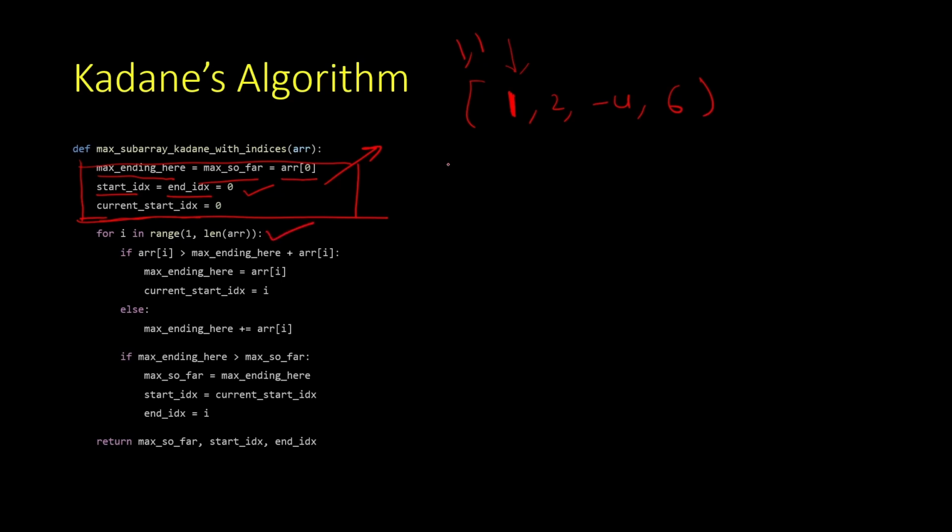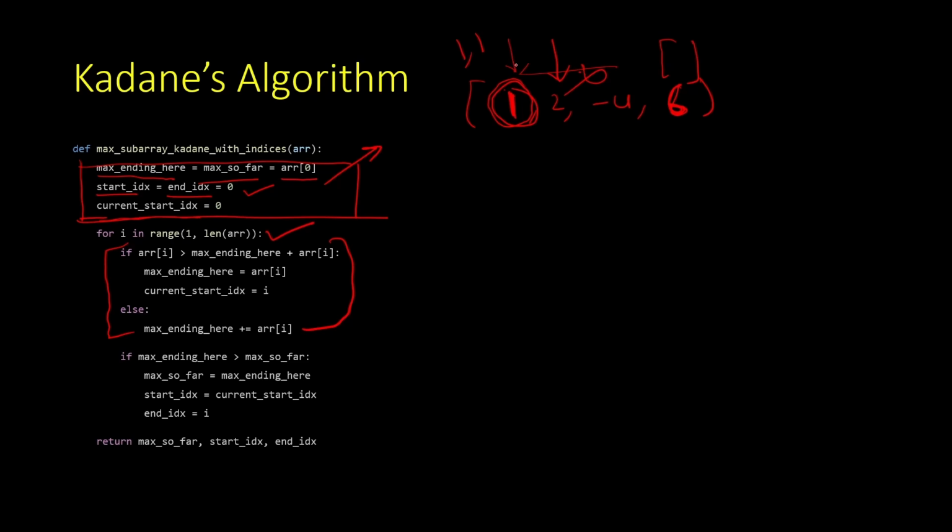Then we have a for loop which starts from here. It doesn't start from the beginning because our base case has already covered the 0th index. So first, this is the check that I mentioned to change the start index. For example, if I should ignore my past values and start my index anew, like in this case, 6 itself is better than including all these values.